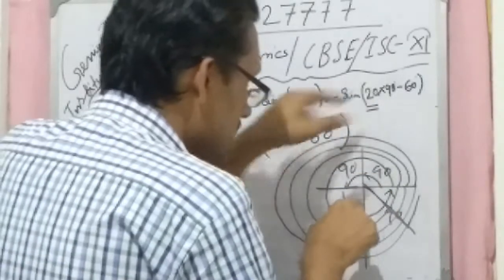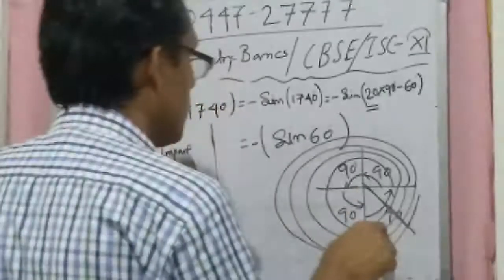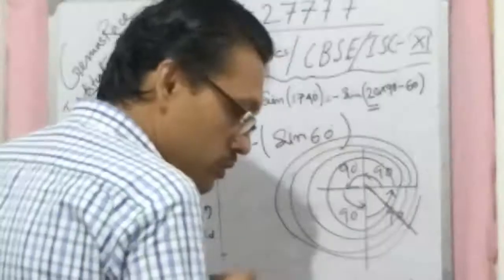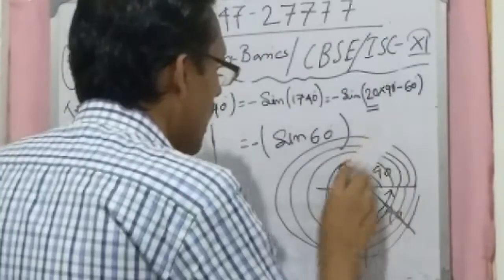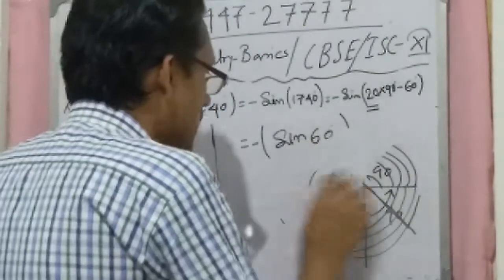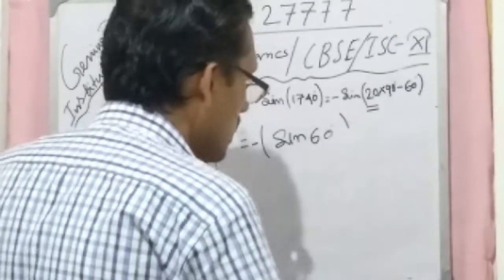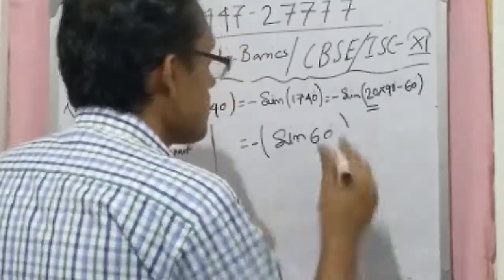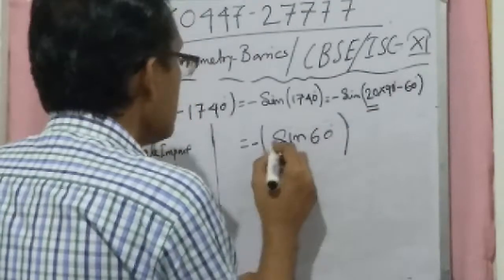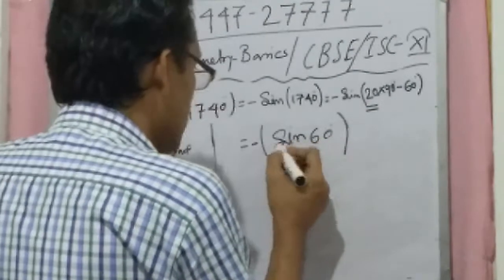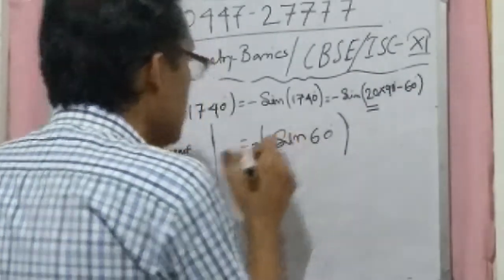But it's the minus, so it's in the fourth quadrant. Now, in the fourth quadrant, as we know from the concept of add sugar to coffee, only the cos function is positive, but it's given sine, so sine would be negative. That's why it's a negative.